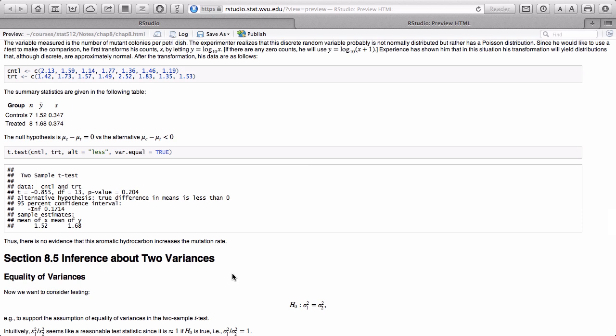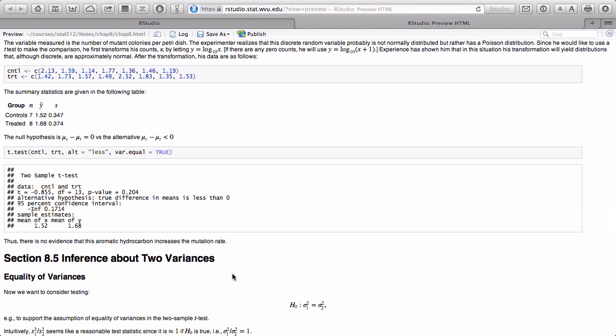Now, a lot of times people don't do one-sided confidence intervals, and a lot of times in your intro course you kind of skip this topic. Maybe you don't, I don't know. But at any rate, R can compute not only one-sided tests, but one-sided confidence intervals.